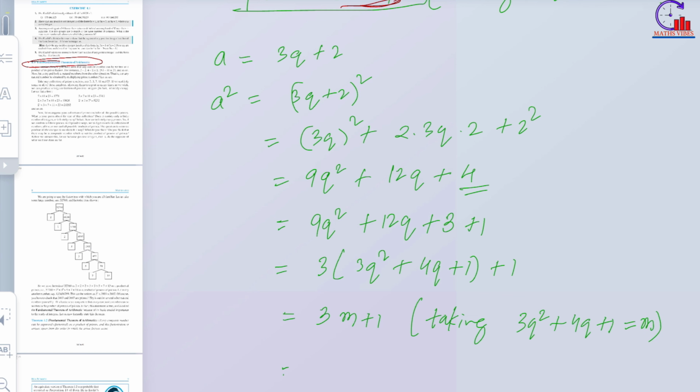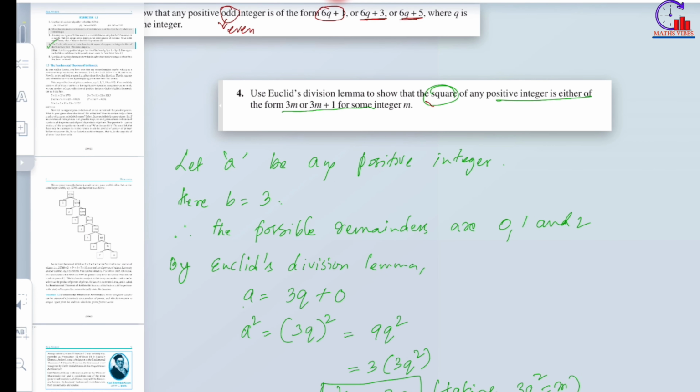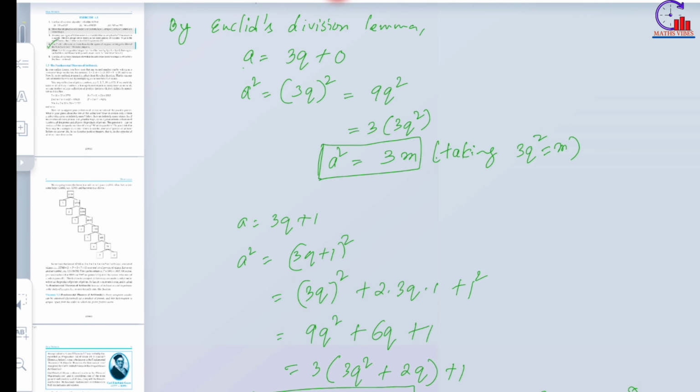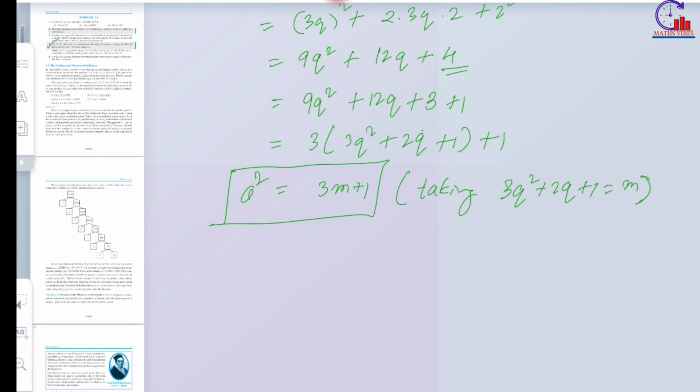So a square is equal to 3m plus 1, right? In this question we are asked for the square of a positive integer, so this is of the form 3m or 3m plus 1. So this is 3m, and this is 3m plus 1, and here is also 3m plus 1.